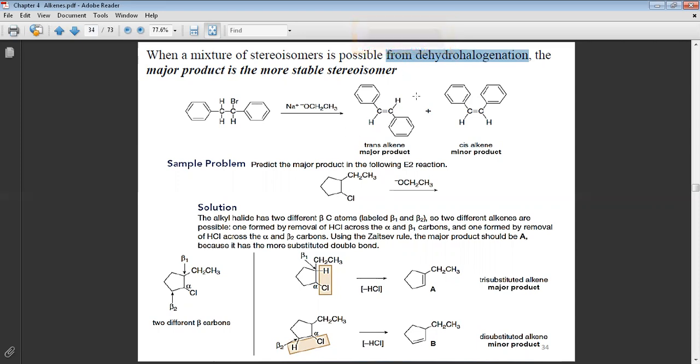Stereoisomers, we have cis and trans. Trans all the time will be more stable than cis. That means the trans is the major one, the cis is the minor one.